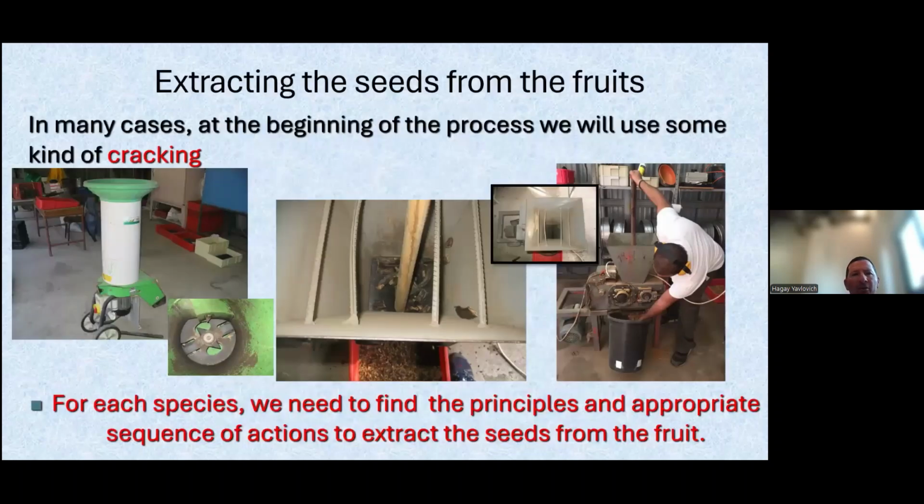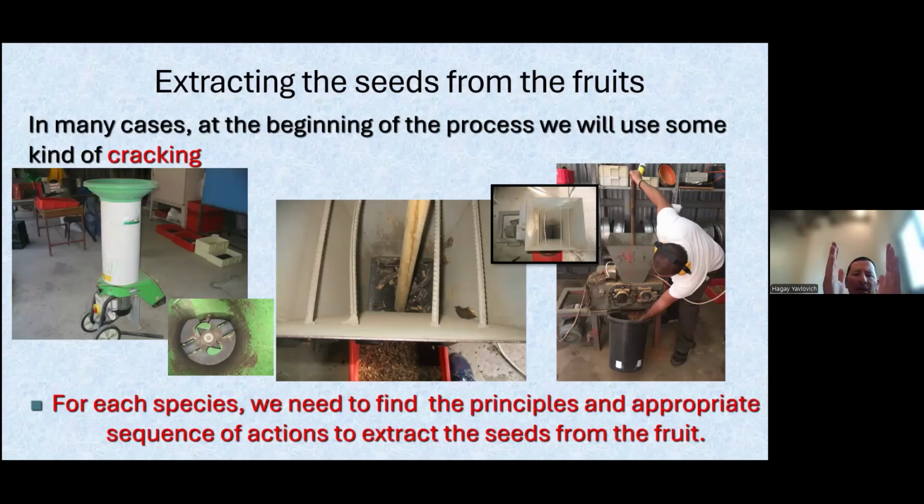As I said before, in most of the fruits, we start with the cracking. And to crack, there are also in the market many, many machines of cracking or breaking. And most of them are built from wheels. For example, this machine is built from two wheels with a gap between the wheels, and you can adjust the gap.